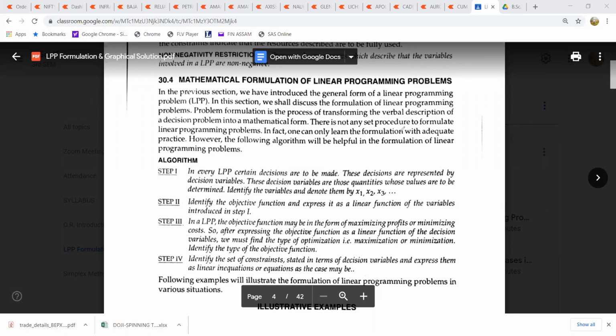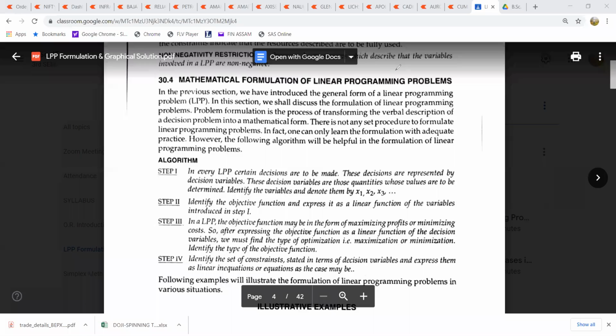So this is step one. We need to specify the variables, and also find out whether the problem is of maximization or minimization. That is step one over.